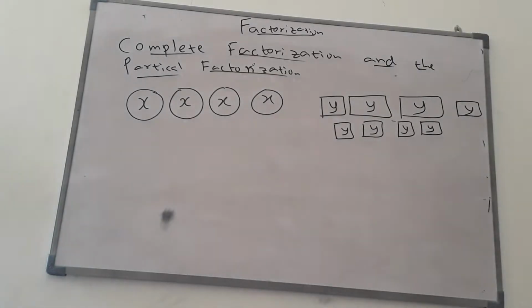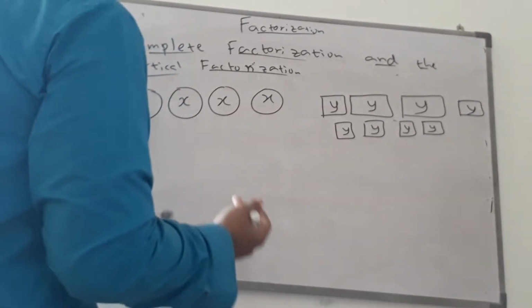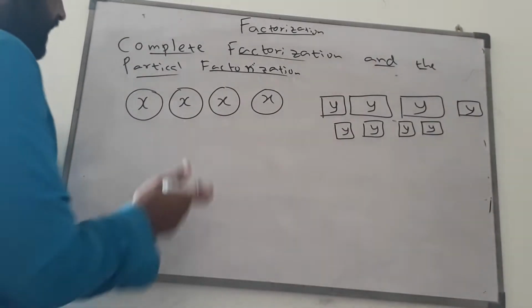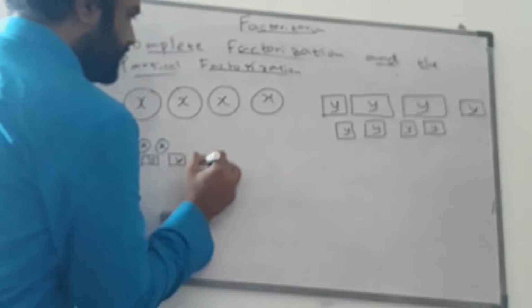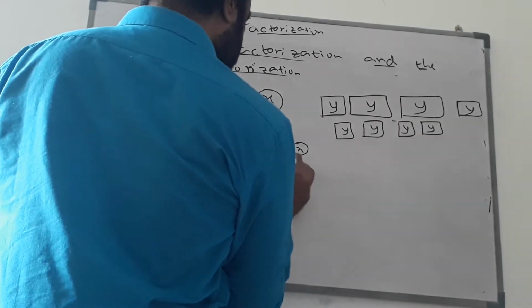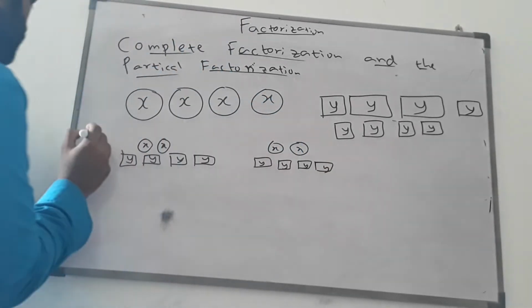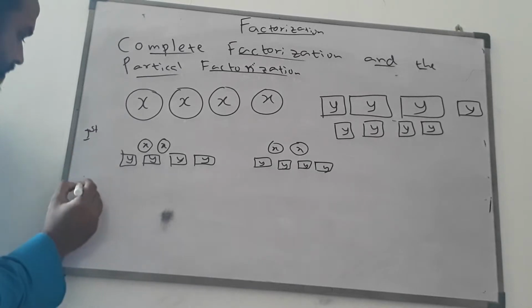There are two ways of grouping these two types. One is dividing it into two groups, such as 2x's and 4y's. This is the first way.